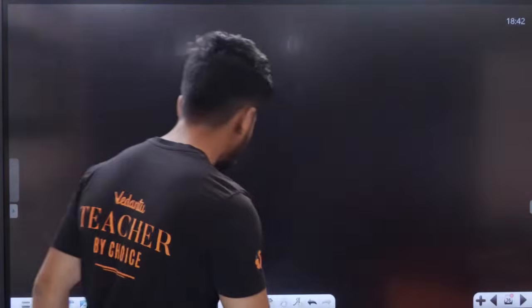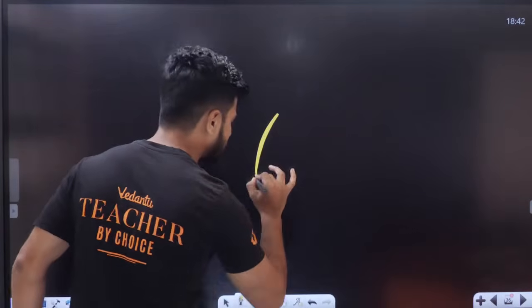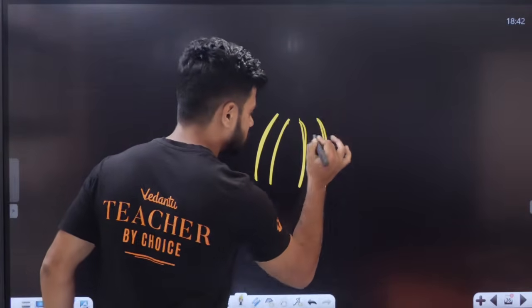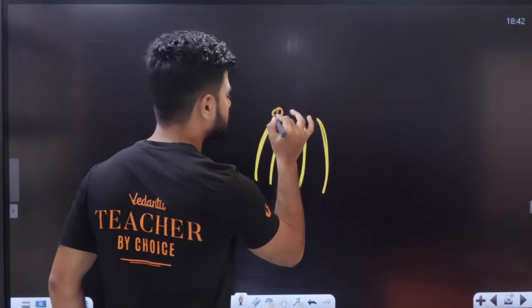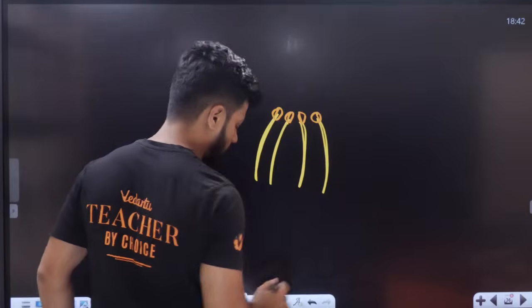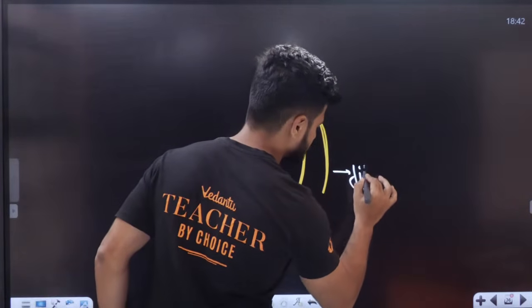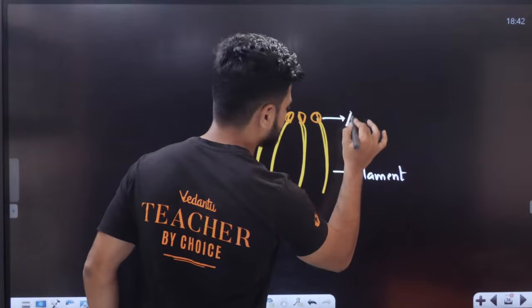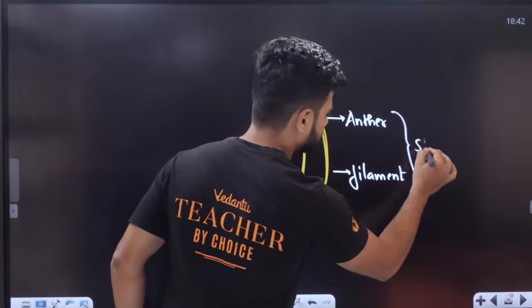See, in the syngenesious condition, this is your filament. On top of the filament, we have the anther. The entire thing is called a stamen.